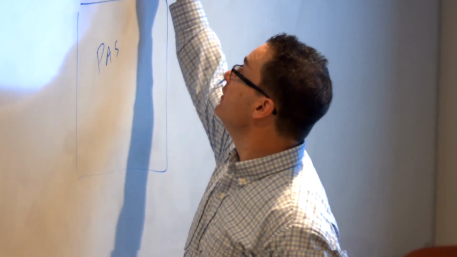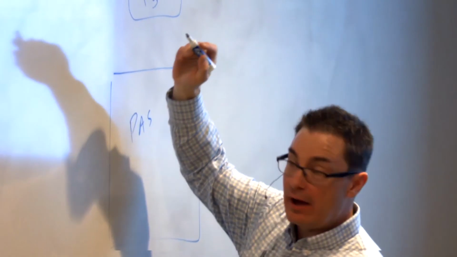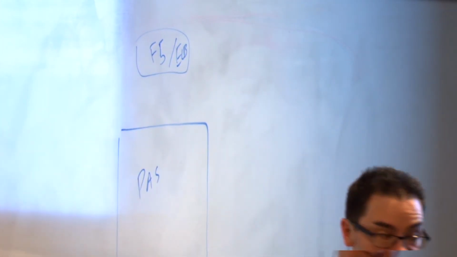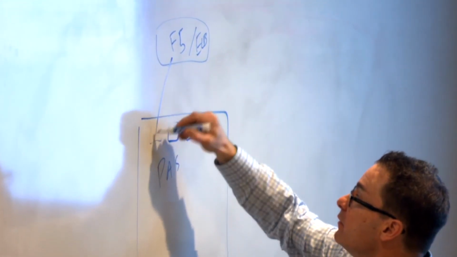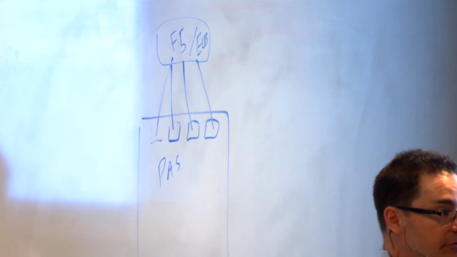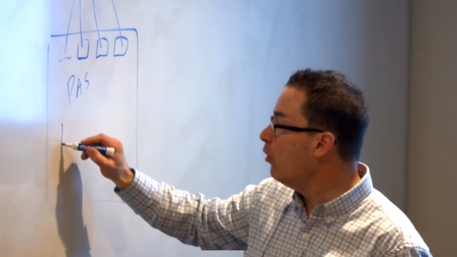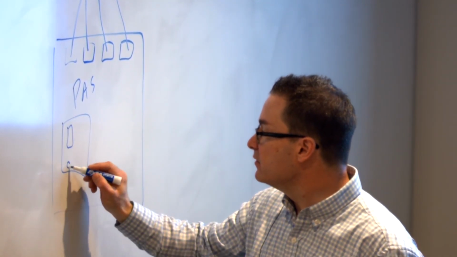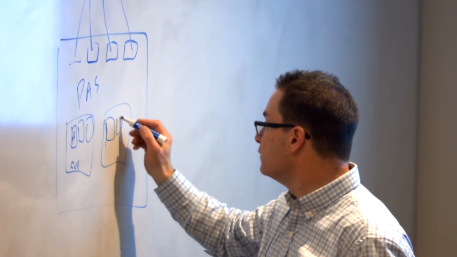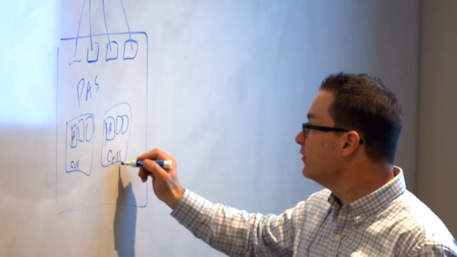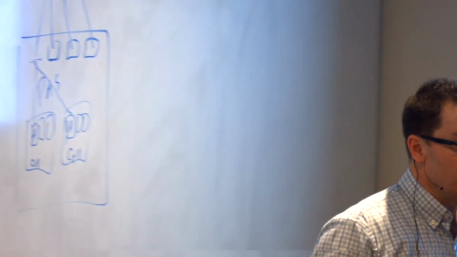And typically what you have is an F5 if it's on-prem, or an elastic load balancer. Inside of the PaaS, we have what we call Go routers. All we do is set up the routes to the Go routers. You can think of the Go router as knowing, I've got a request coming in for my app, which container do I need to route it to? So the Go router has the information to know, here's my container, we call them cells. App A is running on these two cells. I'm going to load balance between those two or do a round robin.